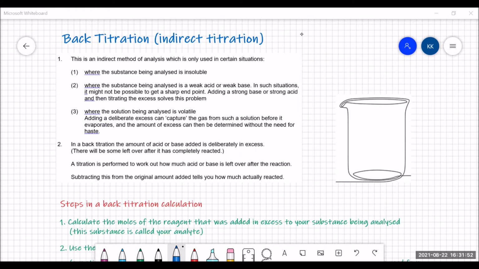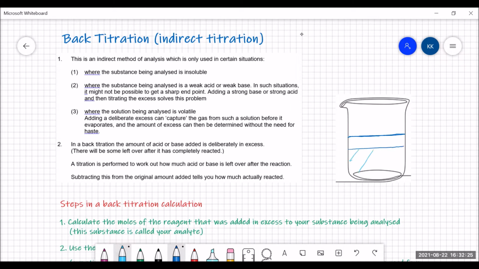So what we have in a back titration is a situation where you might have a solid that won't dissolve and you want to analyse the purity of that substance. You're going to add excess acid, more acid than you need to dissolve that substance. And then a certain amount of it is going to react. So the crystals are going to react and it's going to use up this much of your acid.